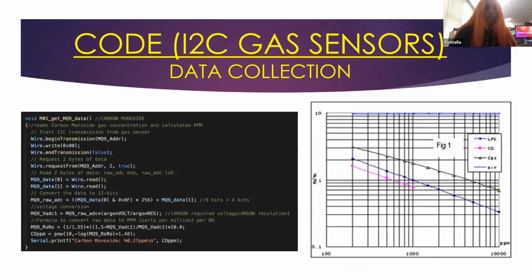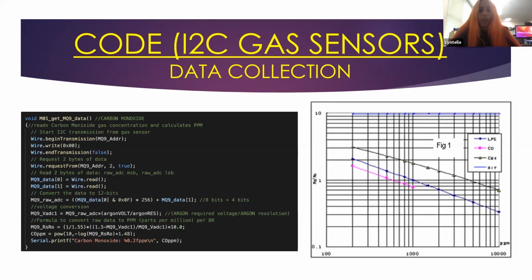All right. And so I guess just more on the I2C gas sensors. I thought I would show a little segment of our code to show how we collect the data from the I2C sensors. Each of them has its own memory address that we're able to access to extract raw data from.